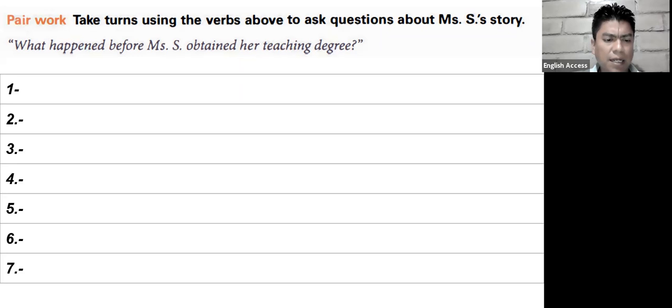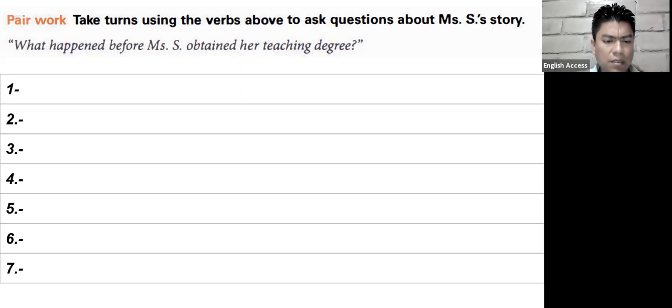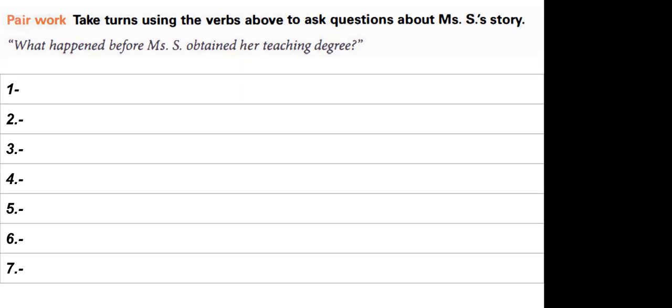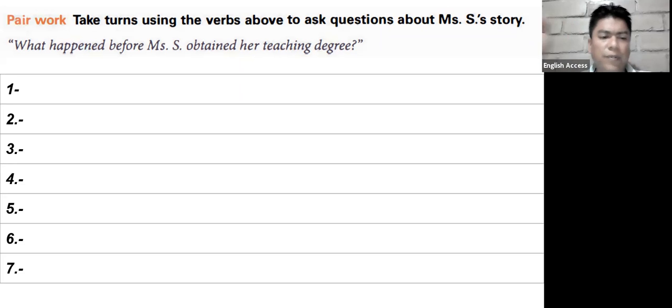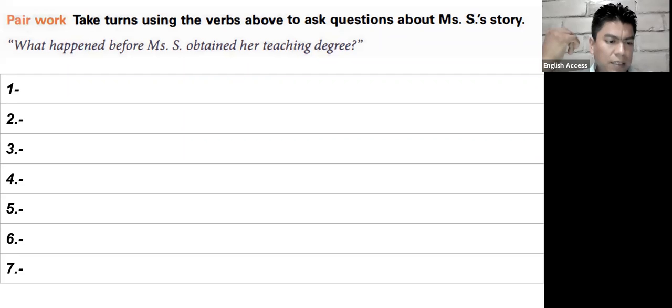Very good. Mariela, question number 1 is good. Number 2 is good. Number 3 is not using any of the verbs. It's a good question, but it's not using the verbs, okay? Number 4, it's correct. Number 5, yes. Number 6, okay.